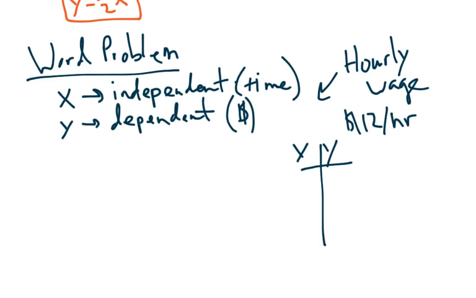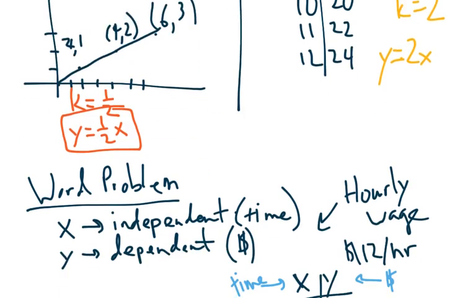Or actually, sometimes it's easier to go with what is dependent. How much money you're getting paid depends on how much time there is. So our X variable in this case is going to represent time, and the Y variable is going to be the money. And so if you work 1 hour, you get $12. 2 hours, you get $24. 3 hours, you get $36.